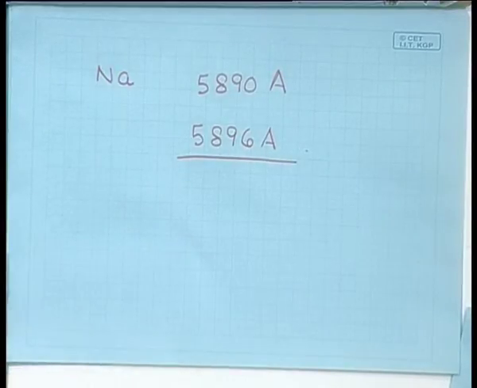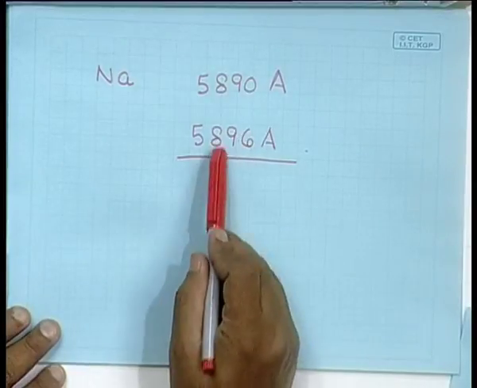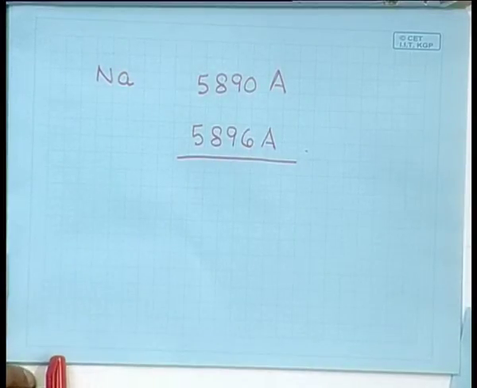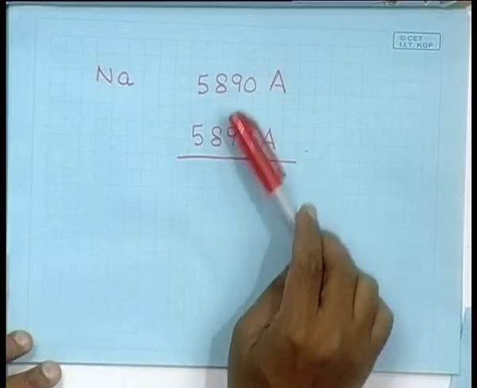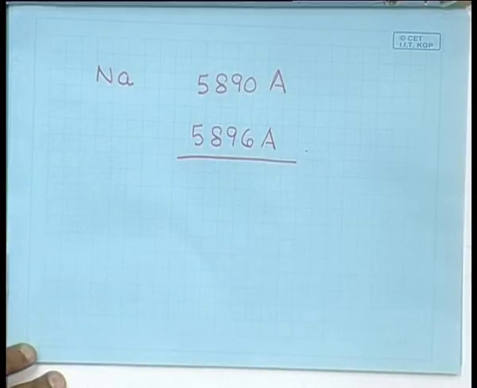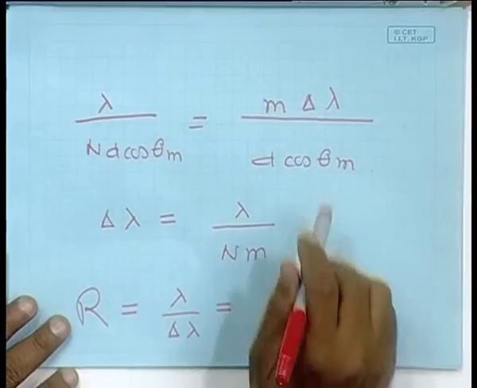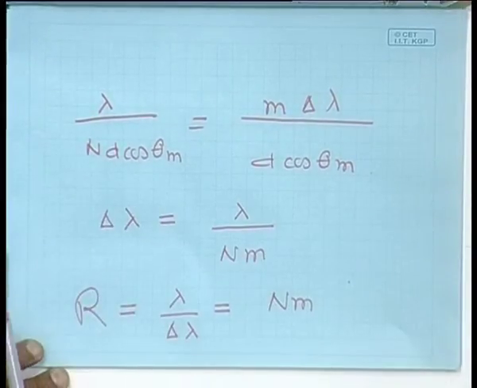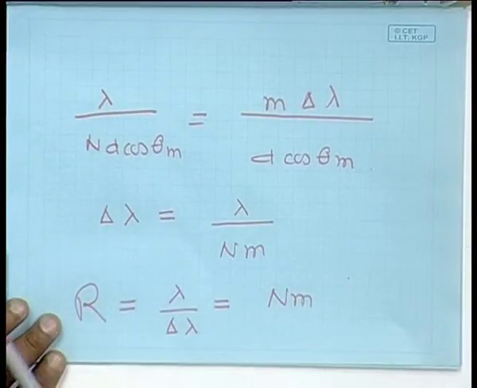So, the question is, under what condition shall we be able to distinguish that there are two different wavelengths and not one? We have worked out the condition. If this condition is satisfied, we shall be able to say that there are two different wavelengths and not one.